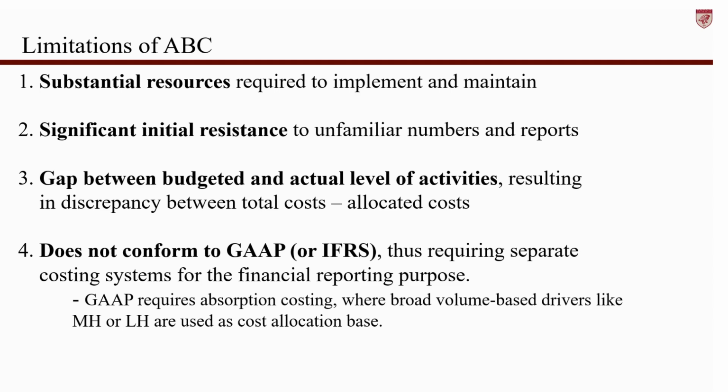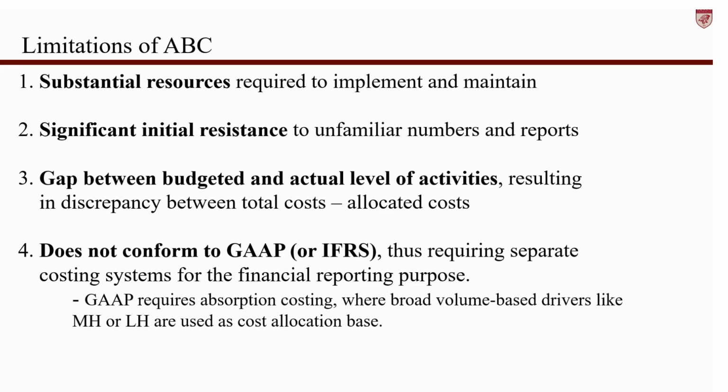Third, ABC does not get away with the gap between the budgeted level of activities and the actual level of activities. What does this mean? Even if we use this refined costing system, ABC, we still have to calculate the activity rate based on the predetermined level of activities.